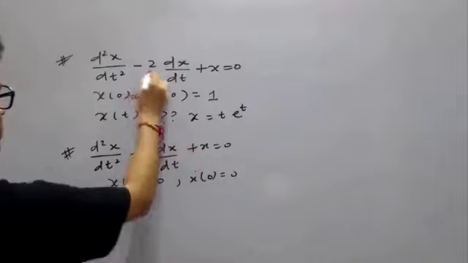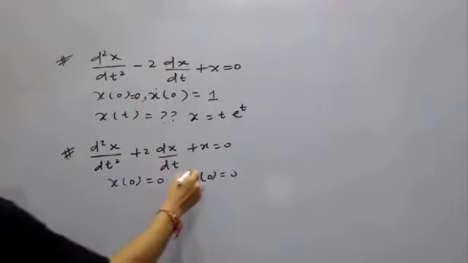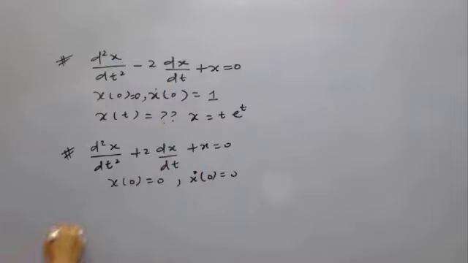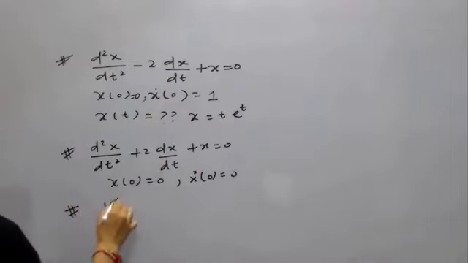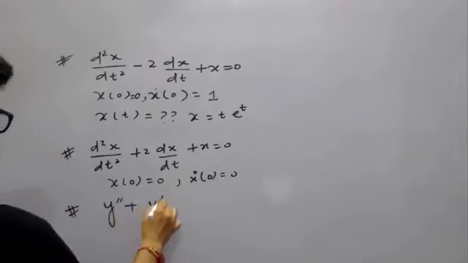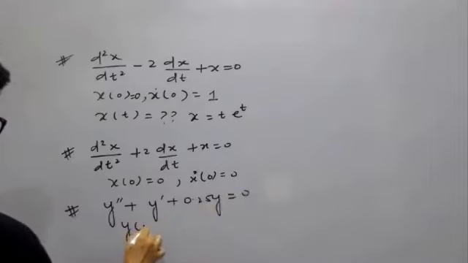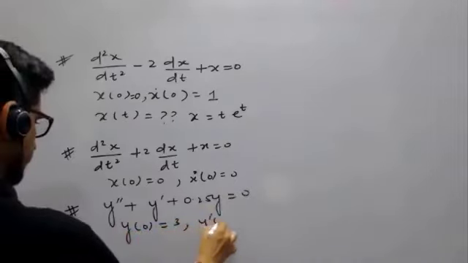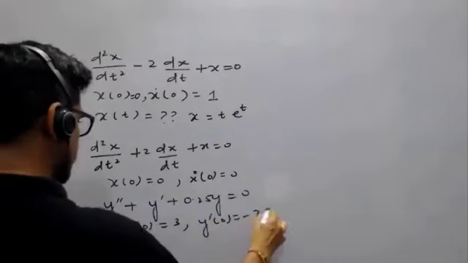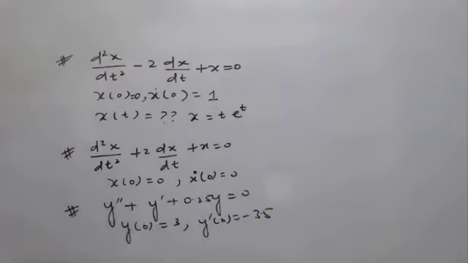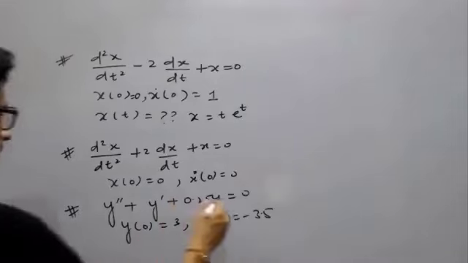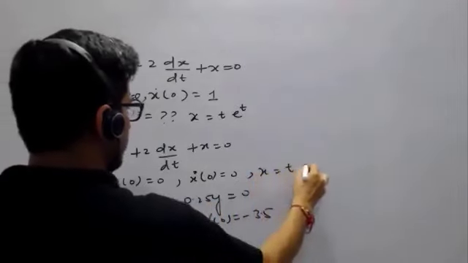So you will see how the behavior will change just because of this. Okay. The third question is y double dash plus y dash plus 0.25y is equal to 0. y0 is 3, y dash 0 is minus 3.5. Okay. And for the second one, when it is plus, the answer is x is equal to t e to the power minus t.